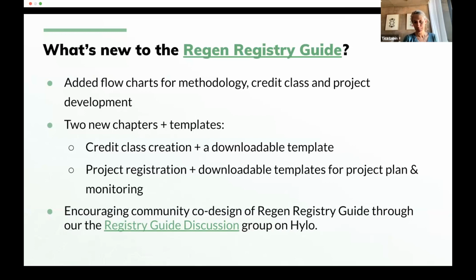New chapters and templates, credit class creation. There's a downloadable template, project plan, there's a downloadable template, as well as monitoring reports. These are templates. All of our folks are very unique, and so use as fits best for you.